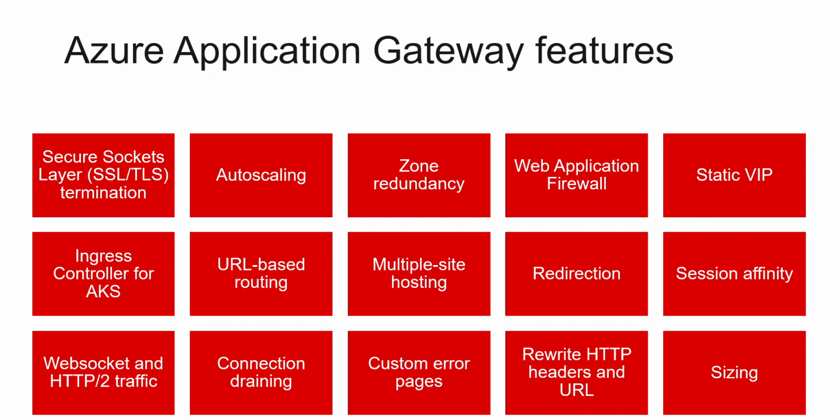Since this is an introduction video to application gateway, I won't be going through all of these features, but I can tell you a few, like auto scaling. The application gateway supports auto scaling.